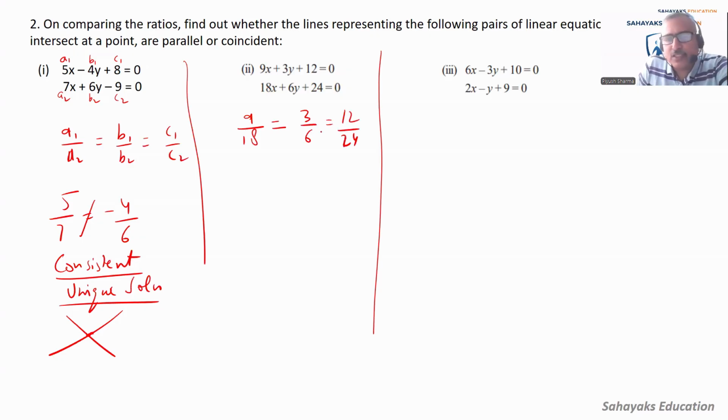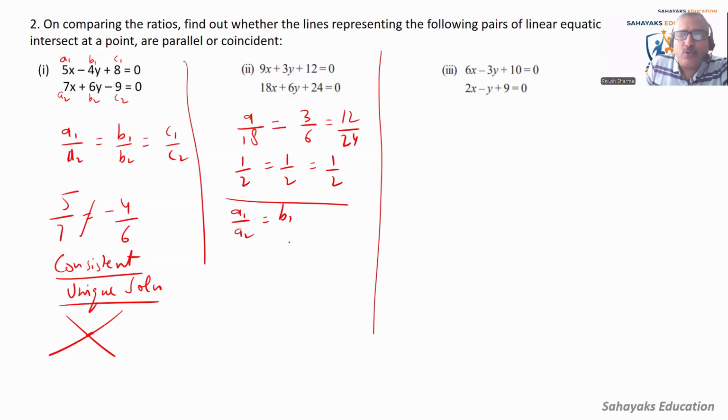If I take the smallest form, it becomes 1 by 2 is equal to 1 by 2 is equal to 1 by 2. See, this entire thing is equal. That means A1 by A2 is equal to B1 by B2 is equal to C1 by C2. That means these two lines are consistent, coincident.